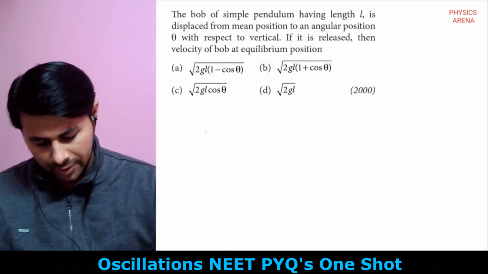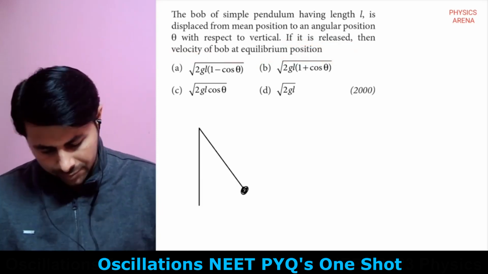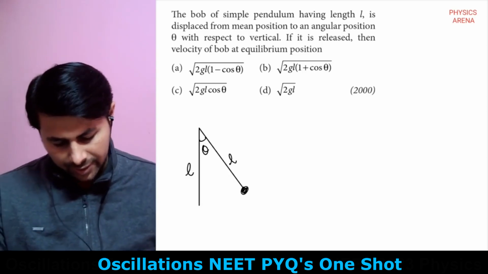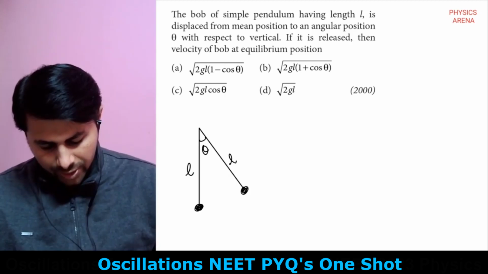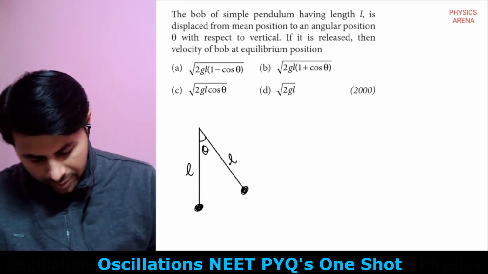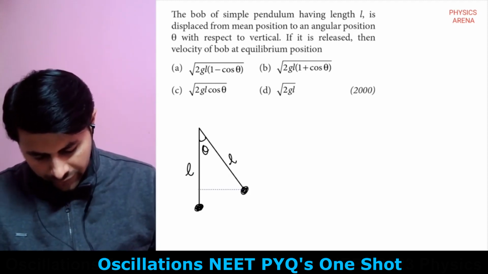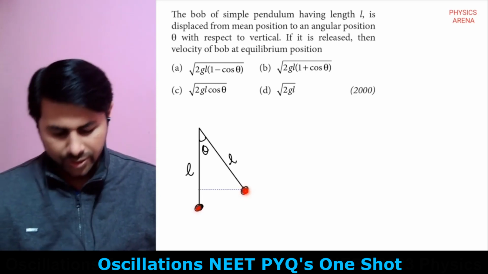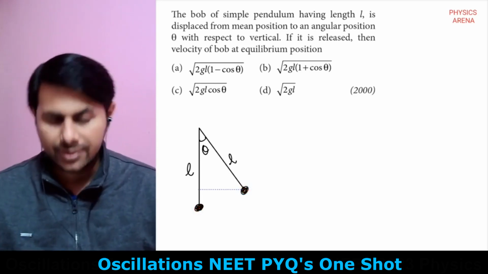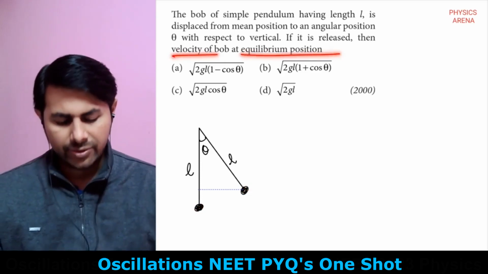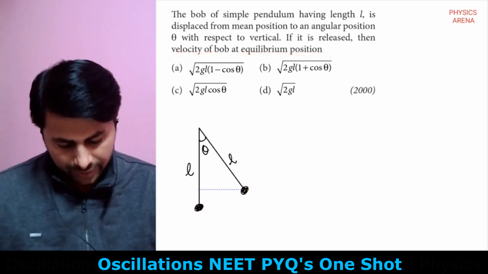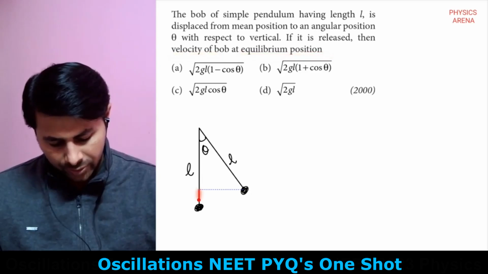So you have this angle theta, this length is L, this length is L. When this bob comes from here to here, how much will be its velocity? This is the question.